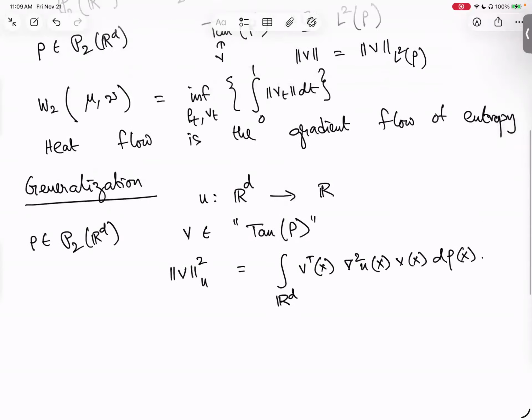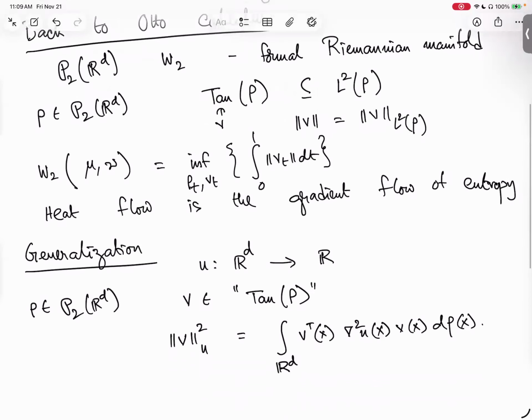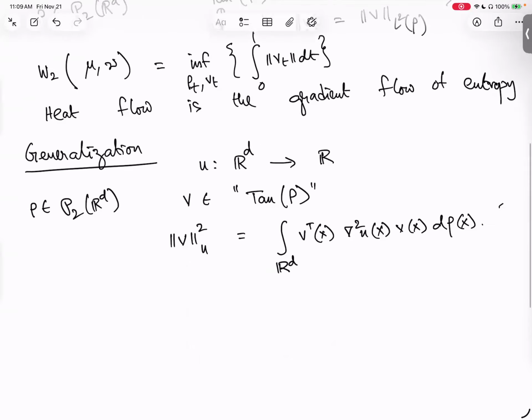So what have I done here? I've changed the notion of the size, the norm, of a tangent vector from its usual L2 norm to something that depends on the Hessian of this convex function. Now, if you do this, you get a new notion of distance on the tangent space. You actually get a new tangent space itself out of it.